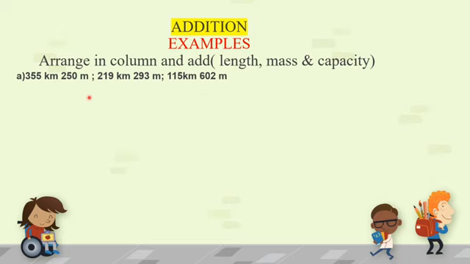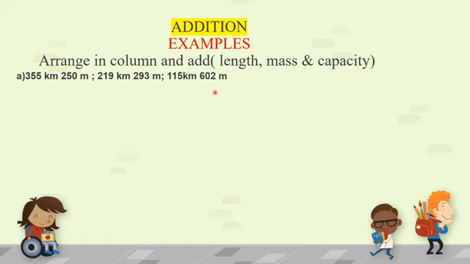Problem number 1 is 355 kilometer 250 meter plus 219 kilometer and 293 meter and 115 kilometer and 602 meter need to be added. The addition is just as you add the regular normal numbers.